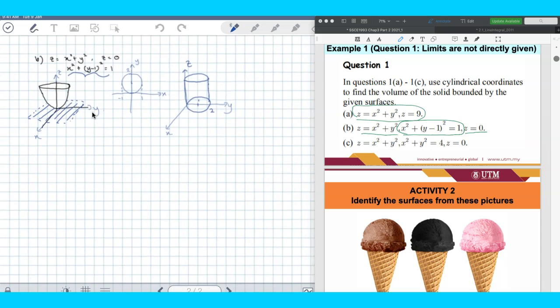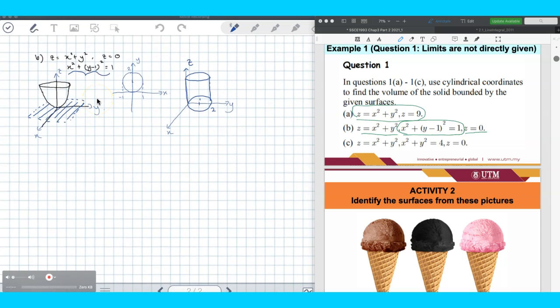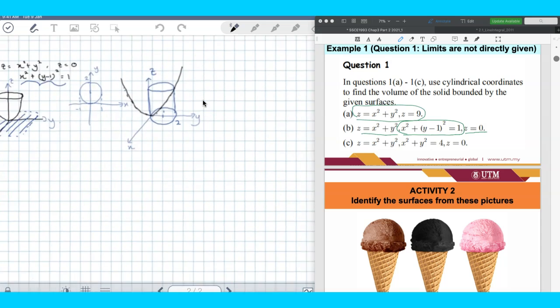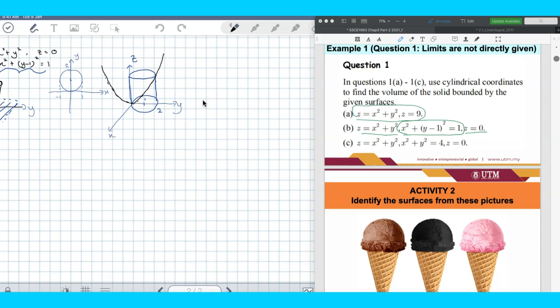When you join this bowl concave up and this cylinder, then what you can have is, I will sketch the bowl. So you have a bowl, part of the bowl concave up.